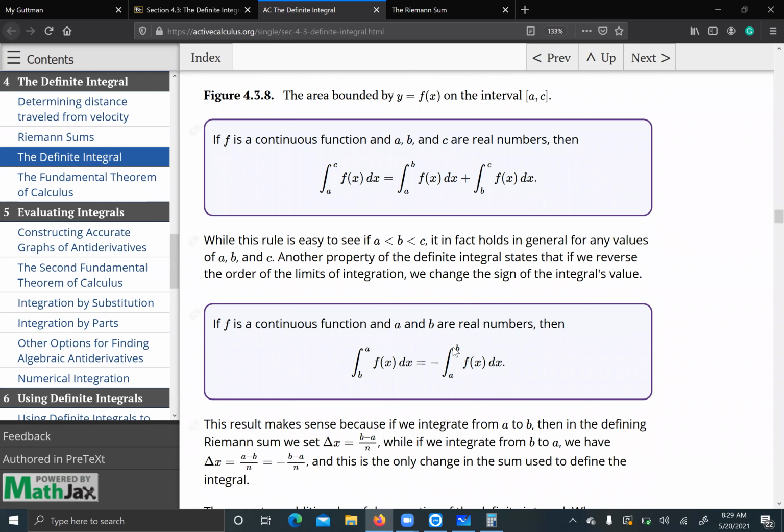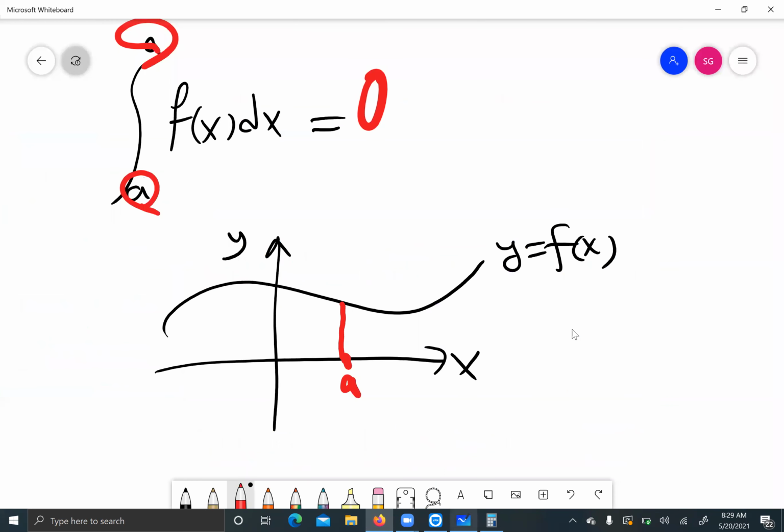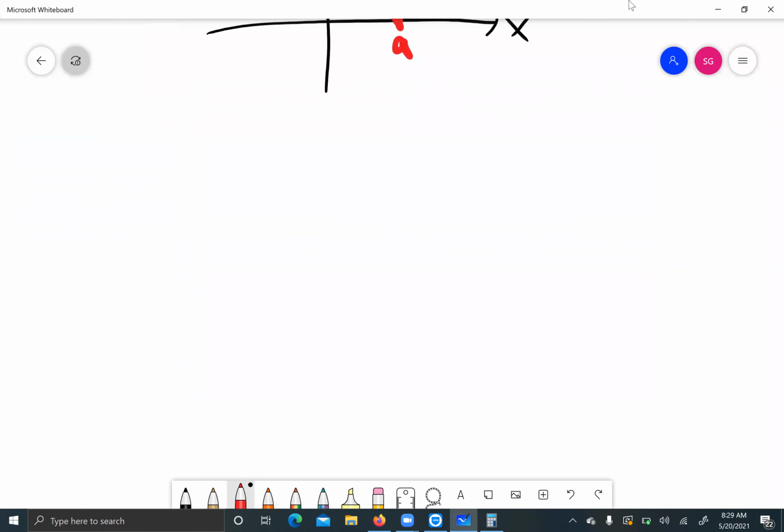And finally, we have this property that if you switch the place of these two limits of integral, A and B, then you get the negative sign. So maybe I write these two properties here to summarize.